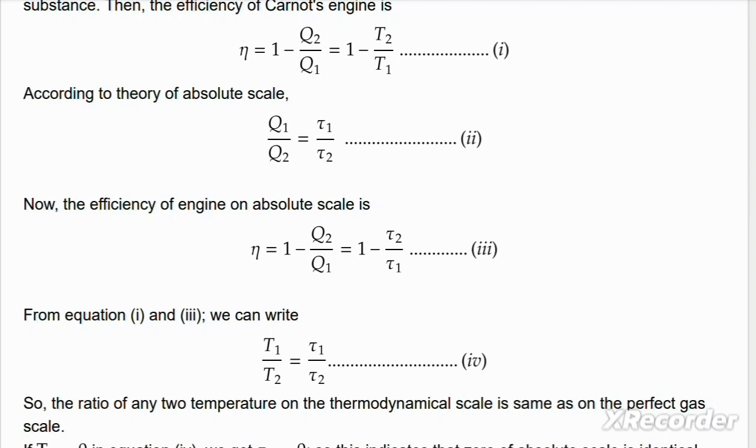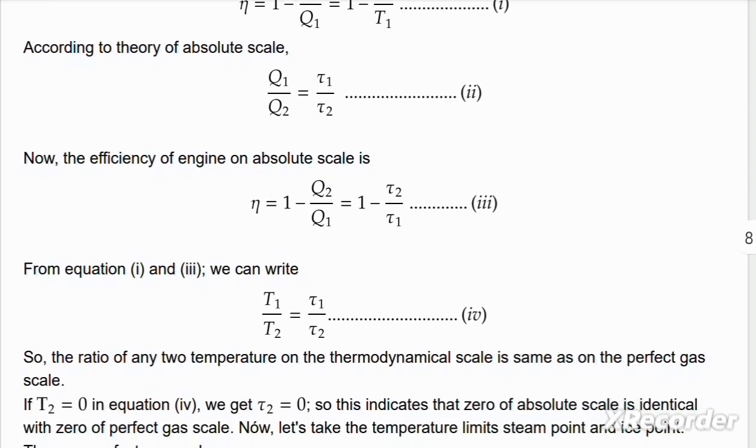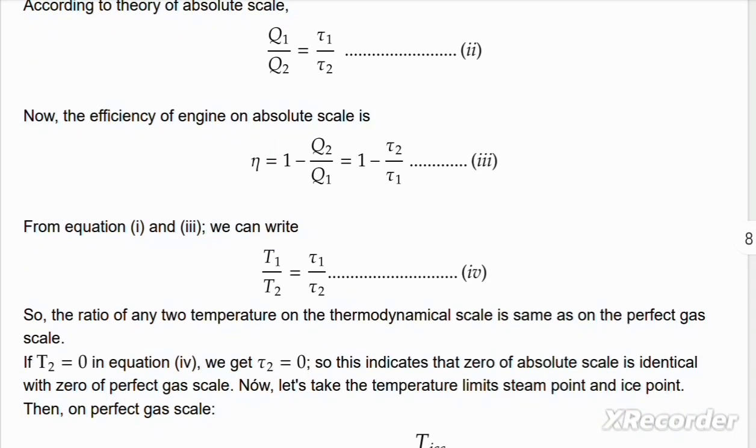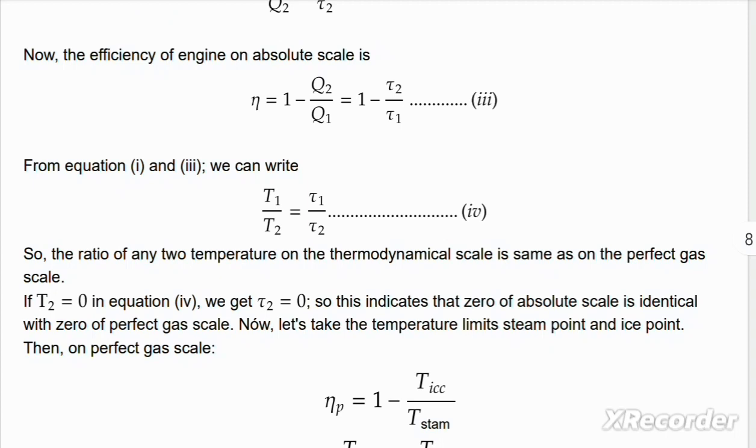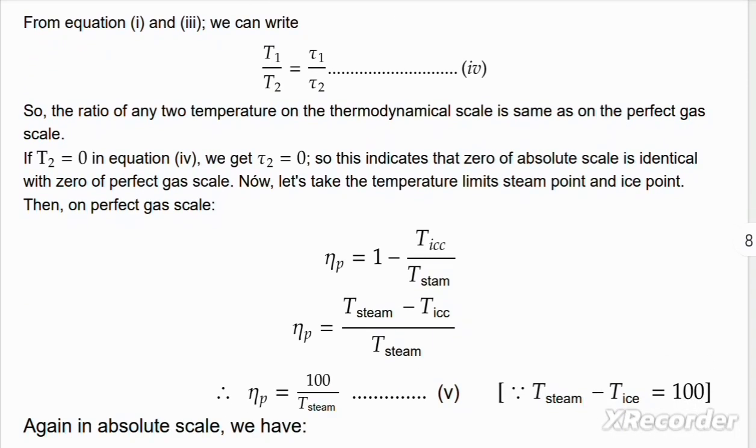That is equation second. Now the efficiency of the engine on the absolute scale is eta equal to 1 minus Q2 divided by Q1 equal to 1 minus tau 2 divided by tau 1. Equation third. From equations first and third we can write T1 divided by T2 equal to tau 1 divided by tau 2. Let this be equation fourth.